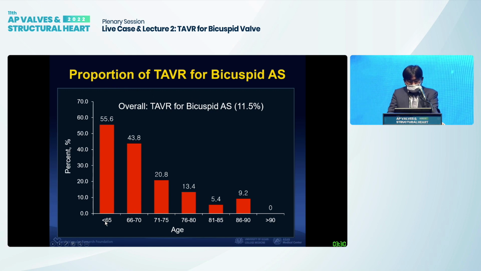Between 65 and 70, half of patients with aortic valve disease have bicuspid aortic valve. But at typical TAVR age, more than 81 to 90, the incidence of bicuspid aortic valve disease is less than 10%, around 5 to 6%.